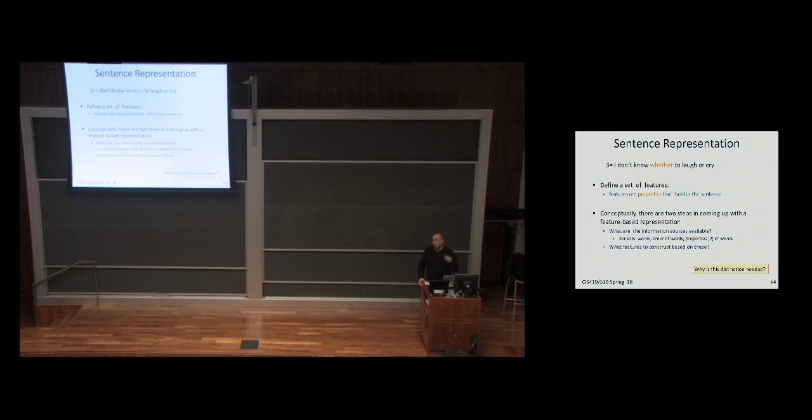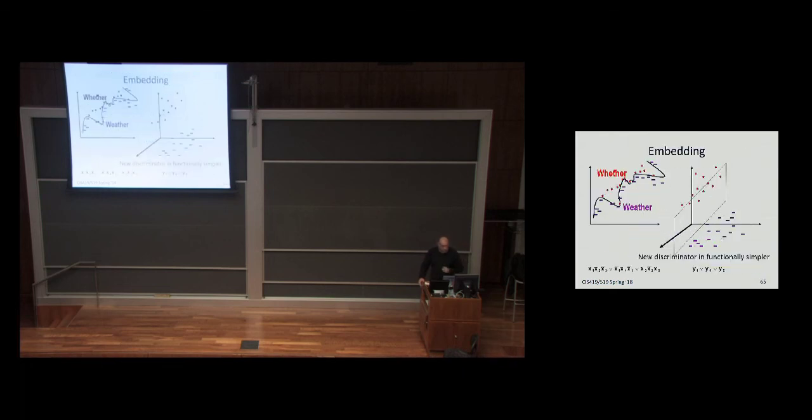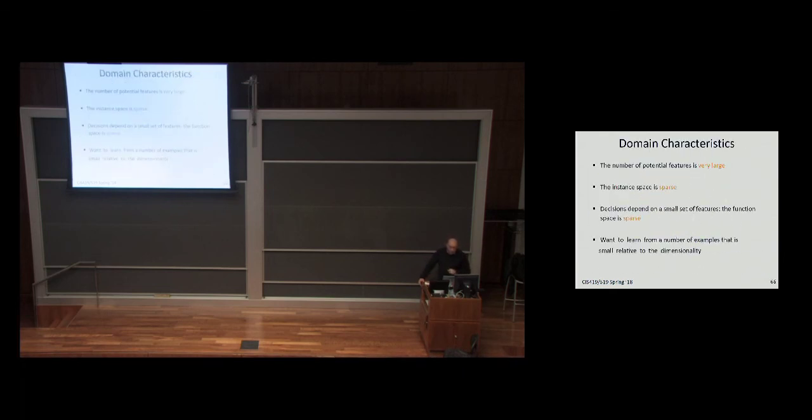You will have a lot of features overall in the data set. But the number of potential features is very large. But I'm making two statements here, and I want to make sure that we understand. The instance space is sparse. What do I mean by the fact that the instance space is sparse?